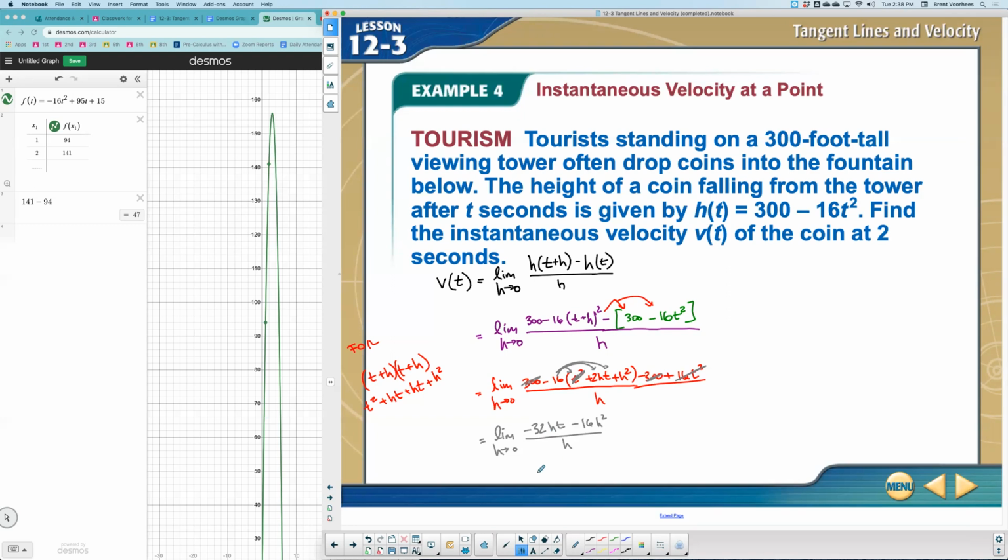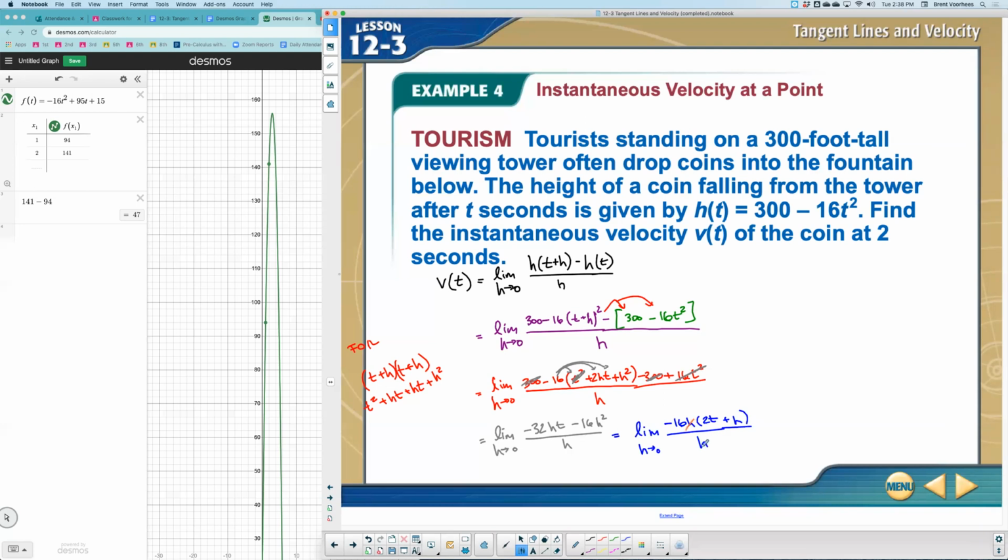I see that there's a common factor in the numerator. I can GCF the h out of there, greatest common factor. I could actually pull out a negative 16h as well. That would leave me with positive 2t, and then plus 1h, all over h.